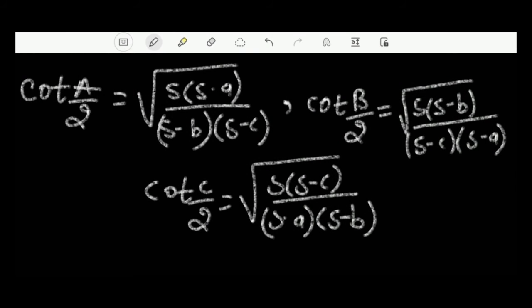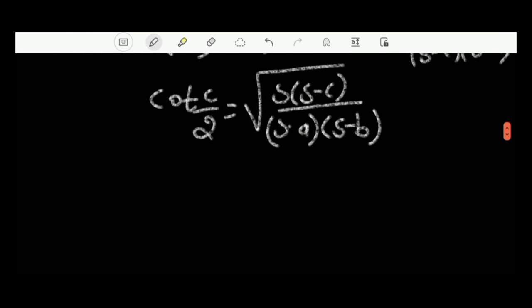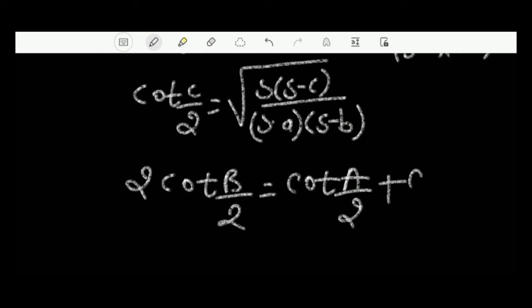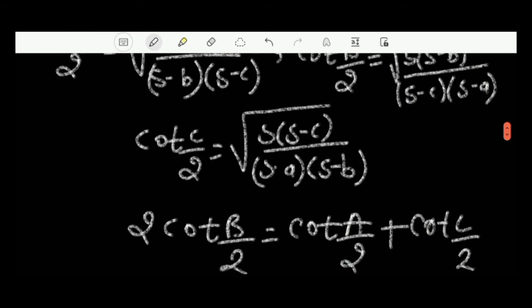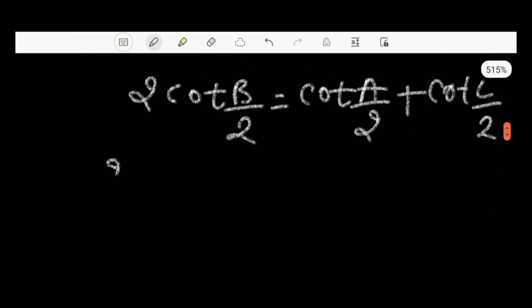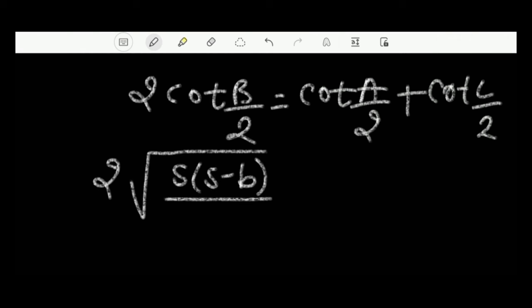So here we obtain all the values in term of cot, and we can simply put the value in the equation, which is twice of cot b by 2 is equal to cot a by 2 plus cot of c by 2. So we can simply put the values in this expression, and we'll obtain that in the right hand side twice of square root of s multiplied by s minus b upon s minus a multiplied by s minus c.